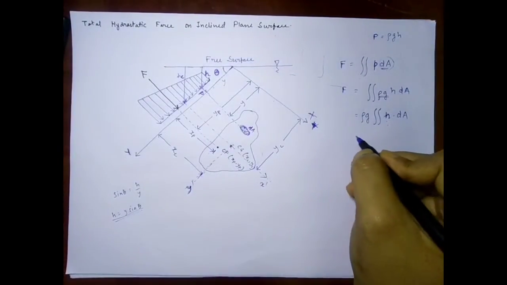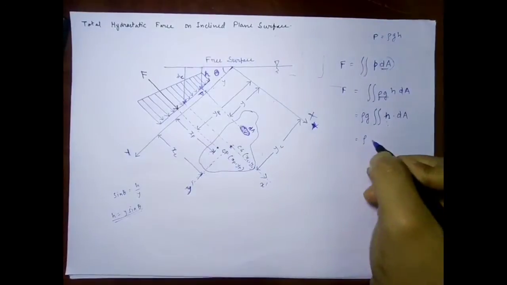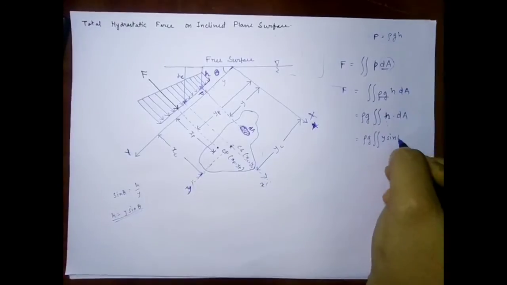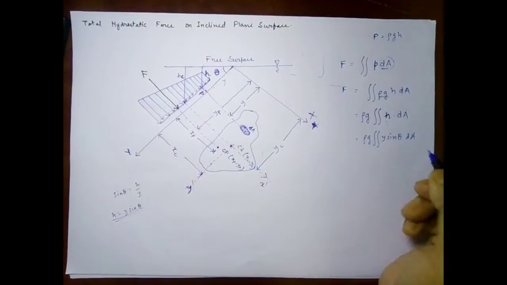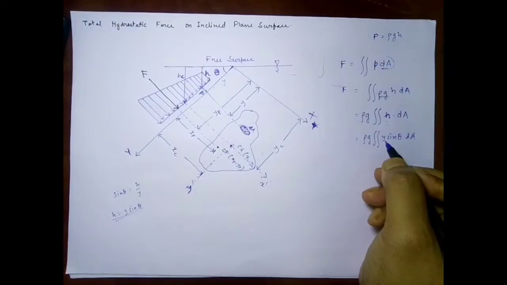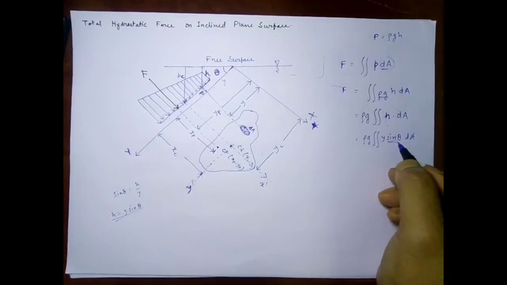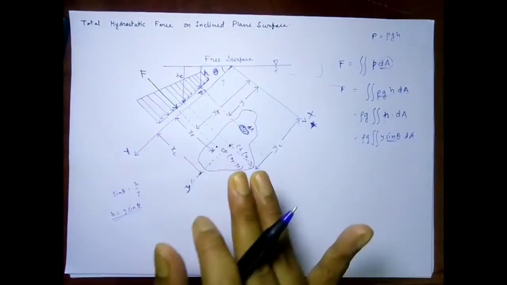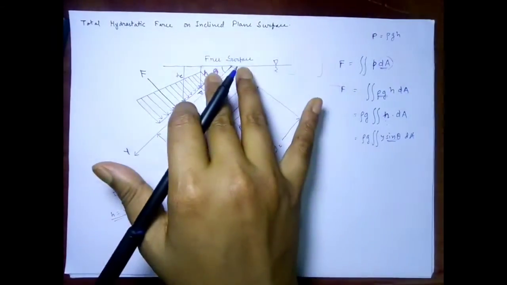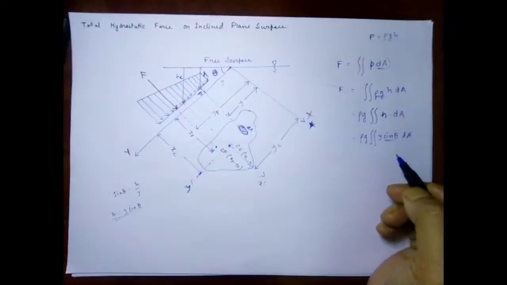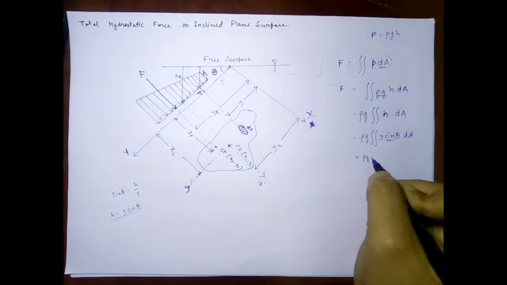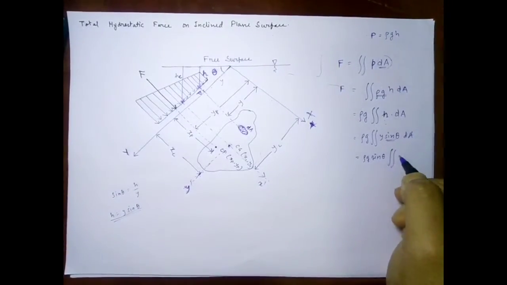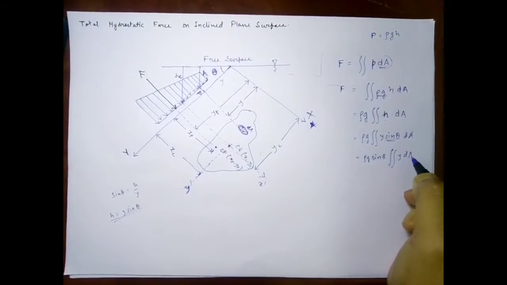I will get rho g y sin theta dA. Theta will be constant, since this inclination is constant, so I can take sin theta outside. So rho g sin theta, and we have the double integral of y dA.